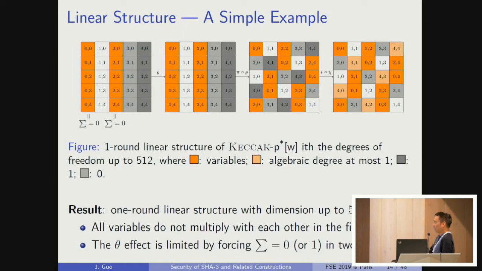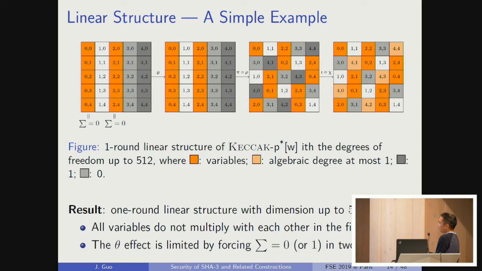Sorry, the white parts are the constants, either 0 or 1. Okay. So to achieve this, as we can see already, at this point, we don't have any neighboring variables in every row. So here, this one and this one are not neighboring each other, which means that after chi, all the output bits will still be linear.